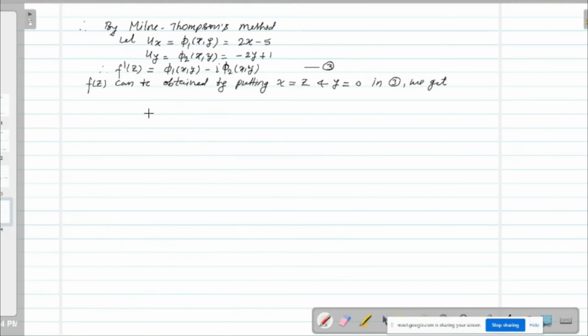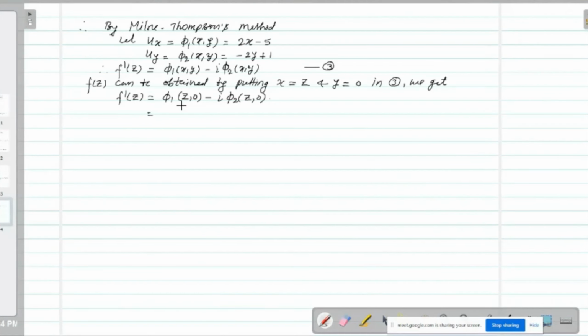We get f dash of z is equal to phi 1 of x replaced by z and y replaced by 0, minus i times phi 2 of x replaced by z and y replaced by 0.